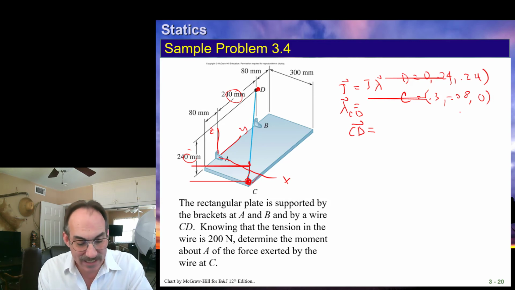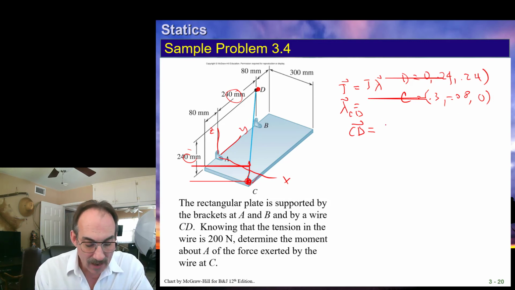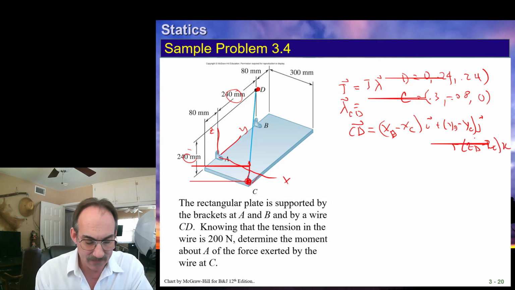Okay, so CD is going to be, I'm sorry, we're going from C to D. So this is actually xD minus xC i plus yD minus yC j plus zD minus zC k. Got that?